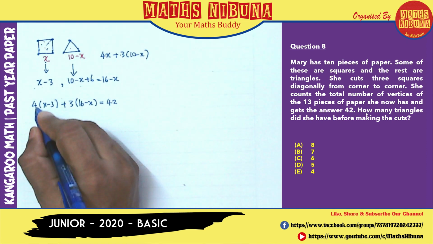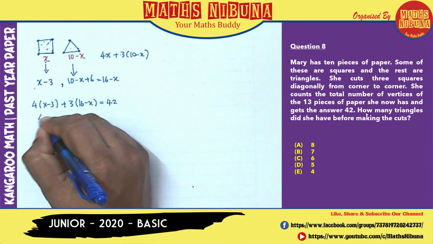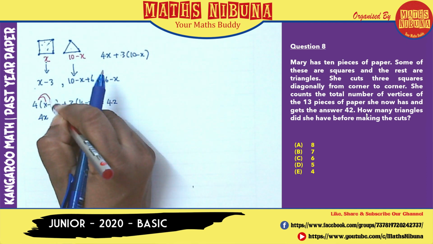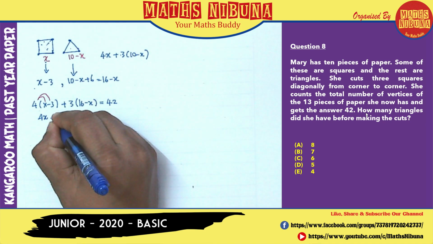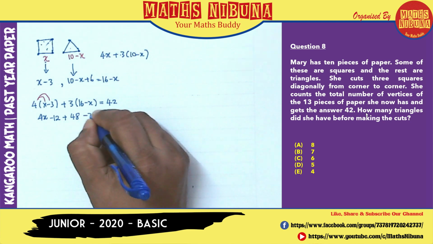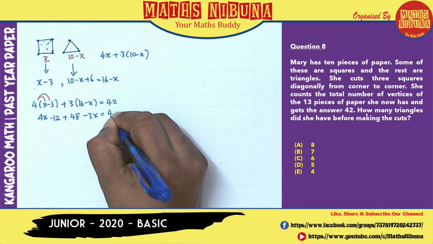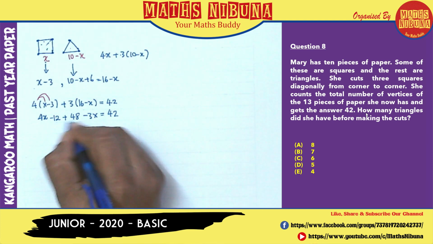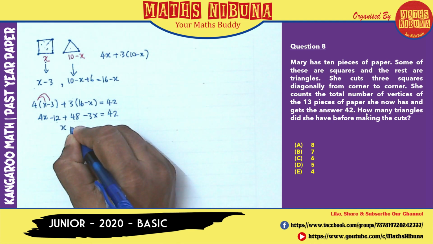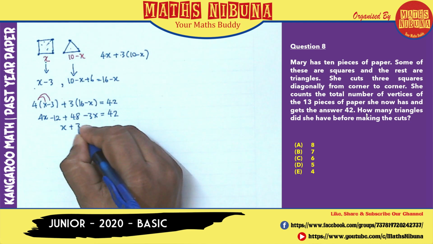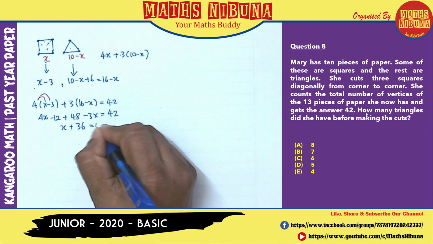Now we solve this one. 4x minus 12, plus 3 times 16 is 48, minus 3x equals 42. So 4x minus 3x is x, 48 minus 12 is 36, equal to 42.